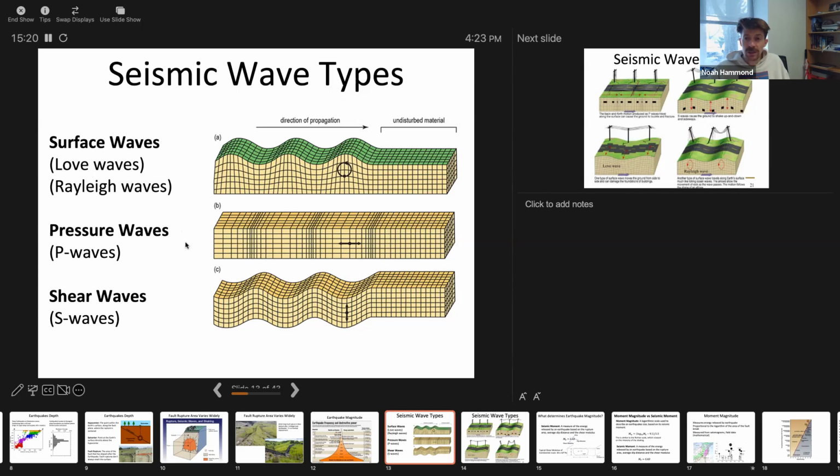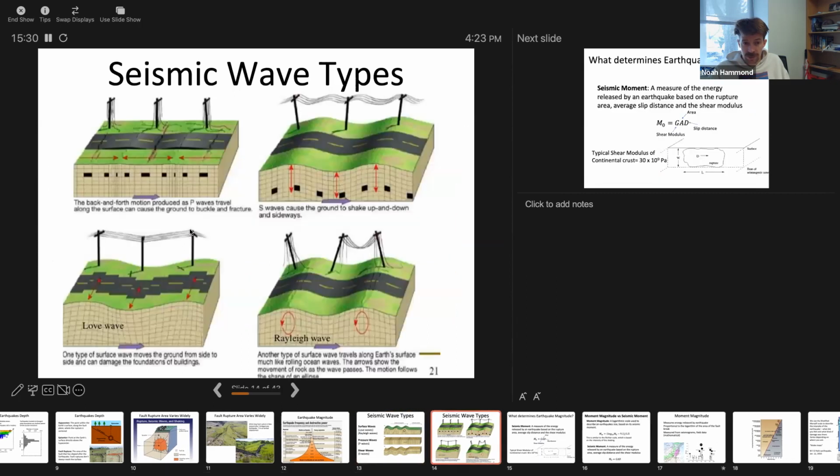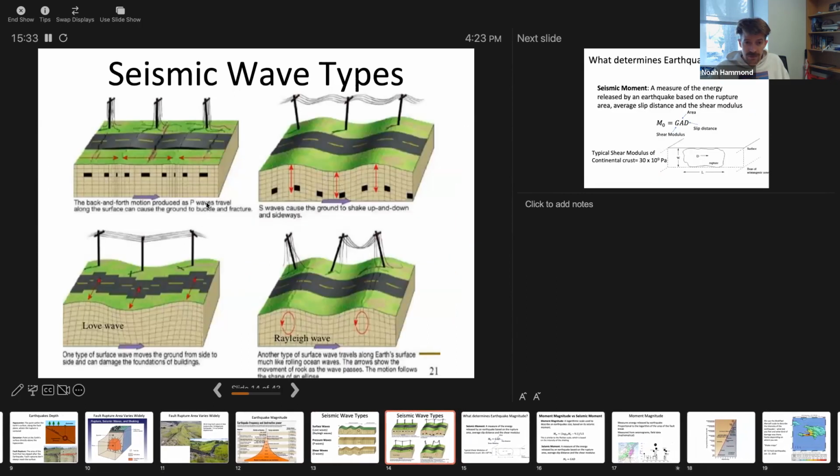So each of these waves can cause damage at the surface, because they can cause the surface to shake back and forth and accelerate back and forth. So for instance, an S wave moving through would move things up and down, and cause things to vibrate.